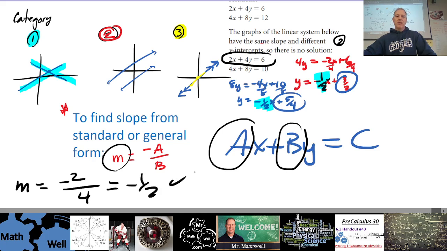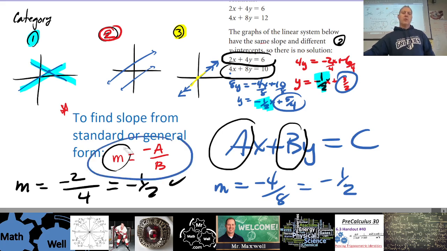Negative 1/2. That is true. That's what we found. The second one, negative a, that's negative 4, divided by 8. And that's negative 1/2. So you see how this works? This would be a good one to jot down into your notes.